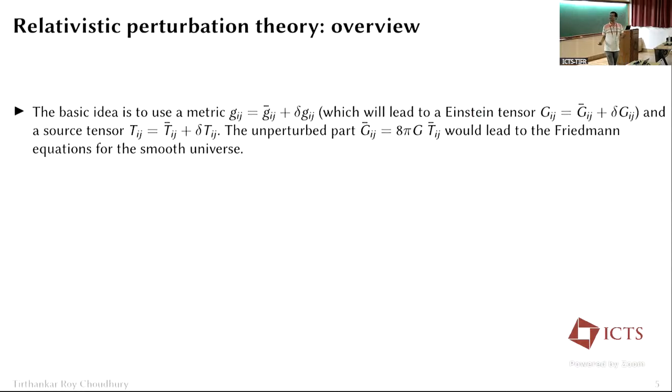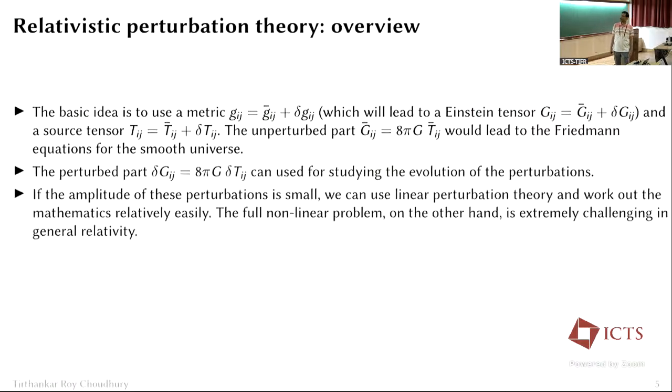Of course, these perturbations in the metric or in the curvature will arise because the matter distribution, or the energy density distribution, became inhomogeneous. So you have to also perturb the source tensor accordingly and then solve the system. Although the way I said it, it looks very simple. The problem is these equations are extremely nonlinear and it is not possible to solve them in their full glory in the relativistic case.